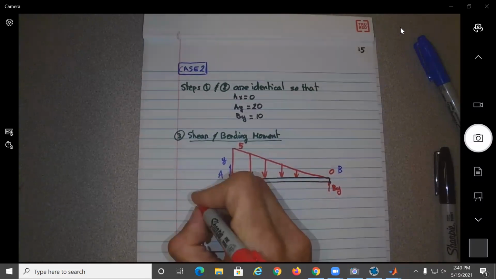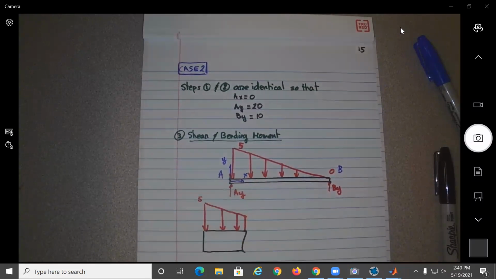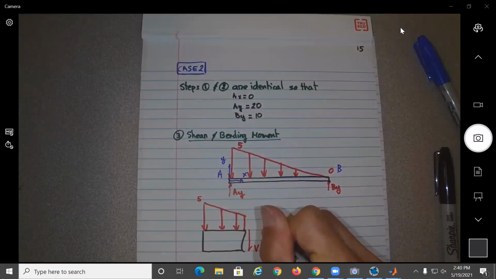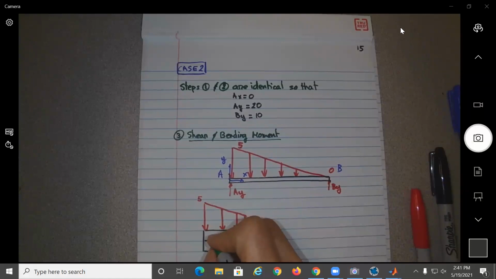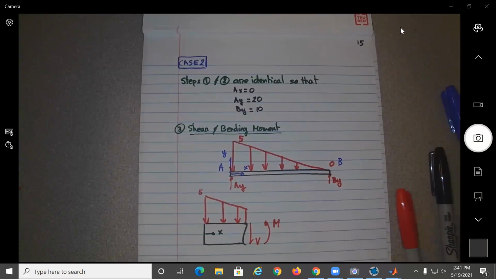So you will know this one is 5. You will know here we should have V and M. But again, this should be X over here. And we have a Y here, which is 20.